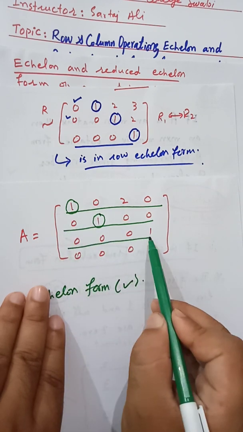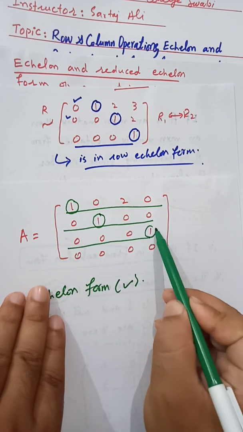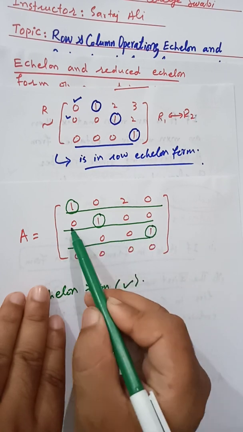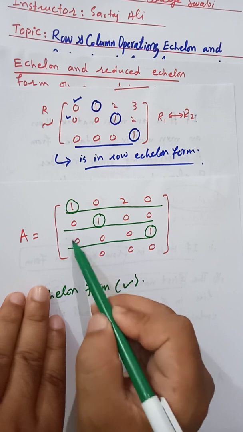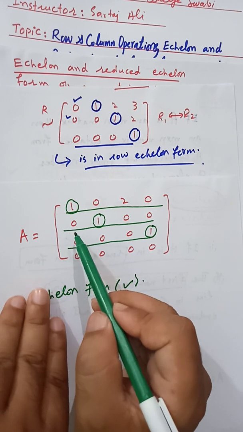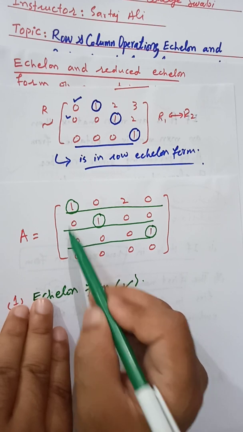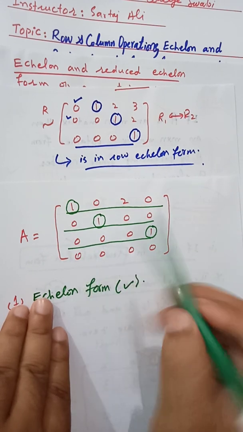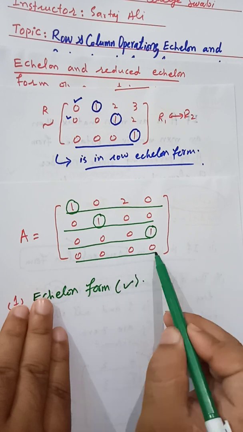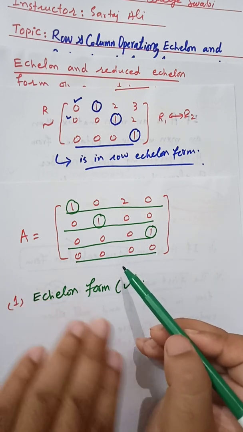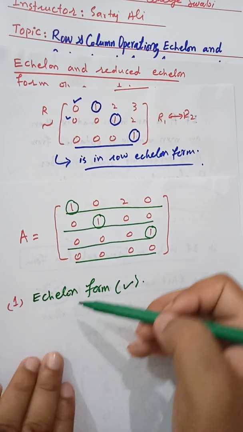This is the third non-zero row, and this is the first non-zero entry, and before it there are 3 zeros. So you see that the number of zeros before the first non-zero entry in the non-zero rows is increasing row by row. So condition 1 is satisfied, and the fourth row is a zero row, and the zero row is written at the end. So this is in the echelon form.